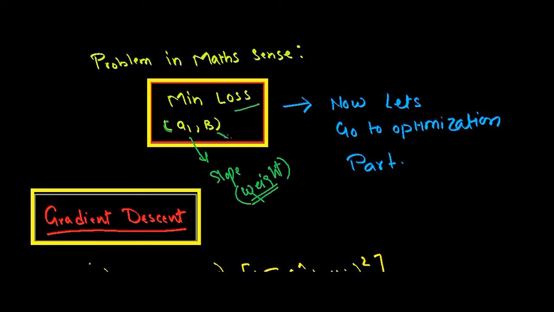So by changing weights and bias, we want to minimize this loss function. Now we found the loss function, so one segment of the problem is finished. Now we need to go to the optimization part.